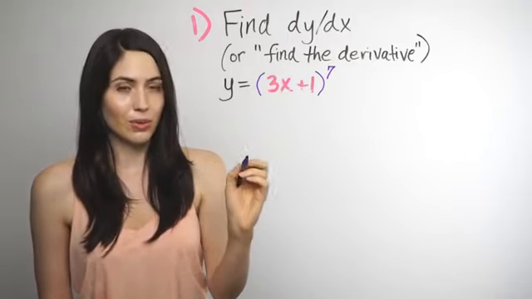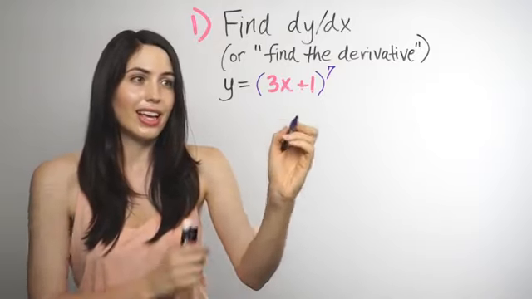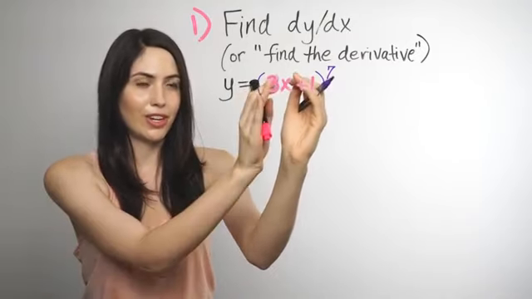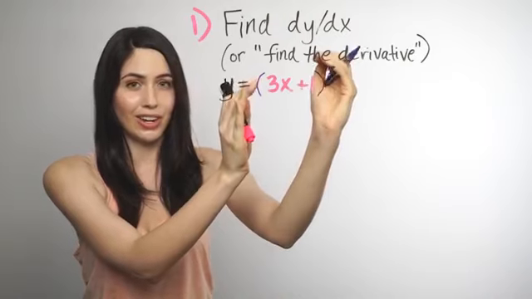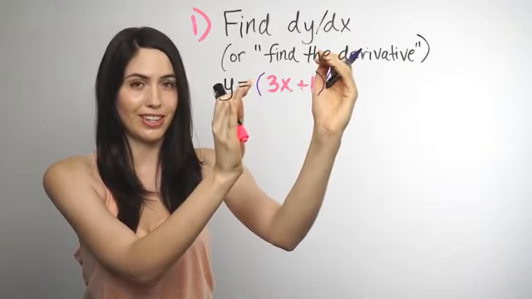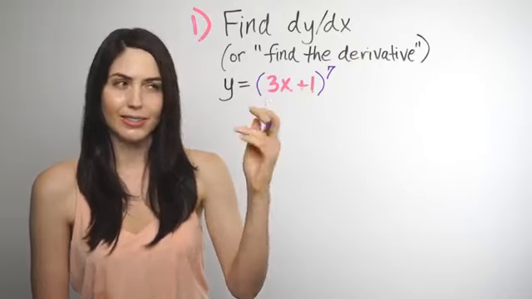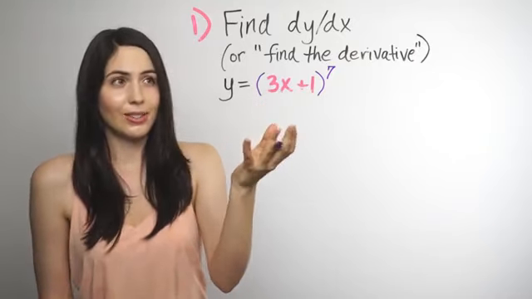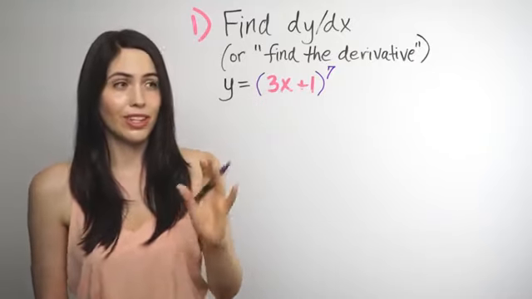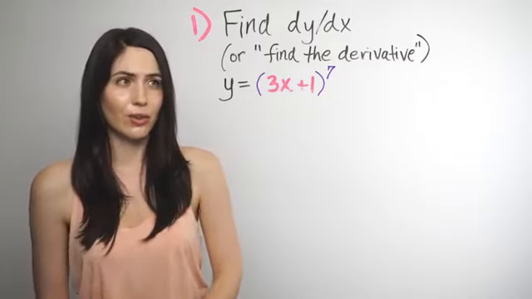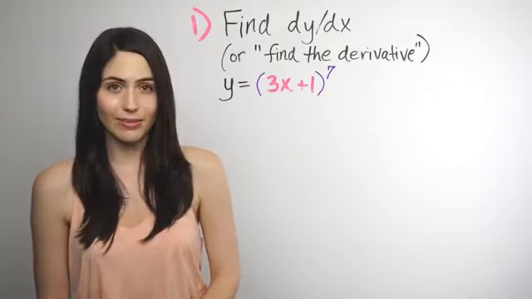You need the chain rule when you have a smaller x expression or function inside a larger, outer function, and the inside is something other than just x. So this one is ripe for using the chain rule. It is begging you to use the chain rule. So let me show you how you do it.